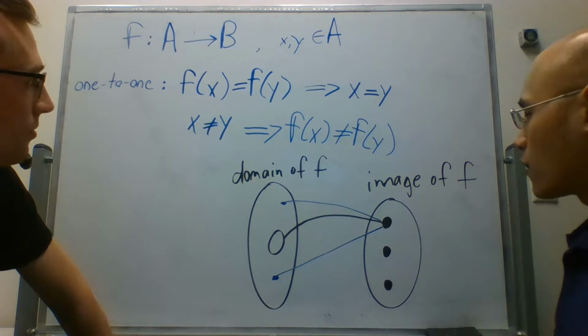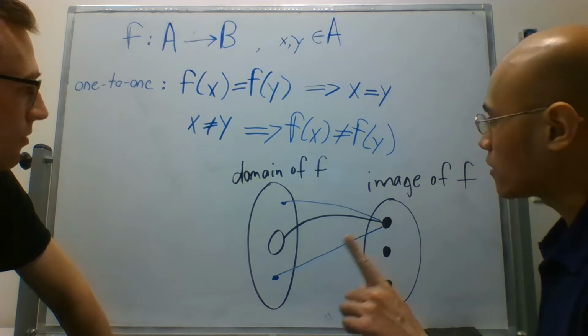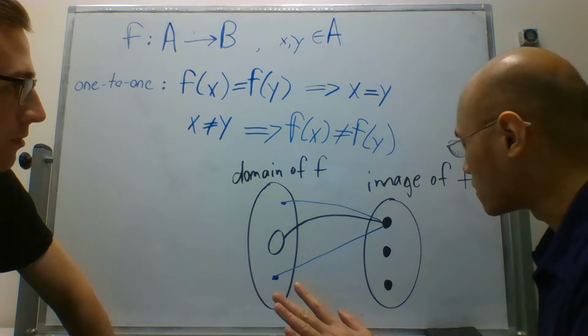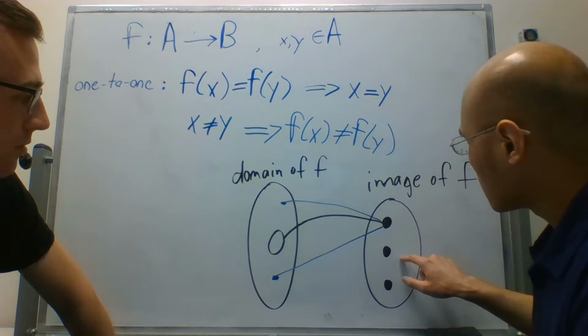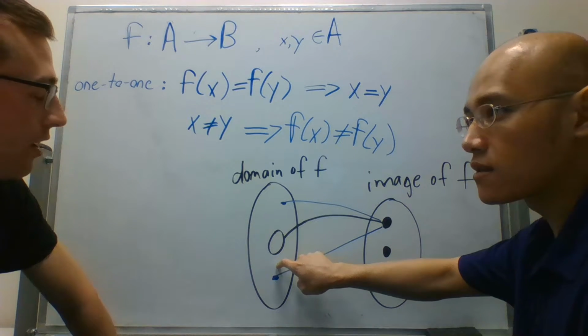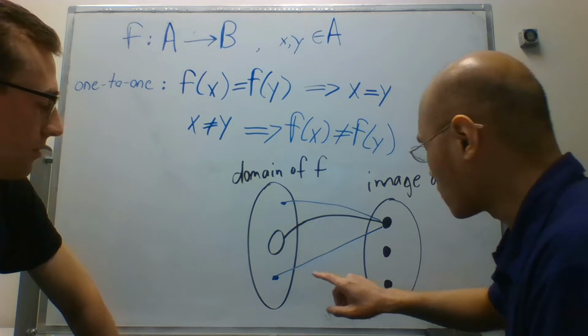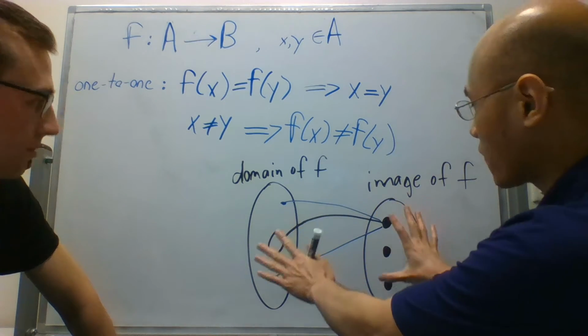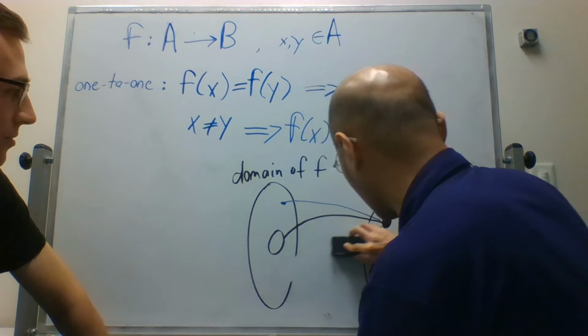Right. Okay. Now, I think it's important to point out here that it is entirely possible that some element in the image of f is not mapped by some element. Oh yeah. Right. This could be our function. Actually, we want this to be 1-to-1. Okay.